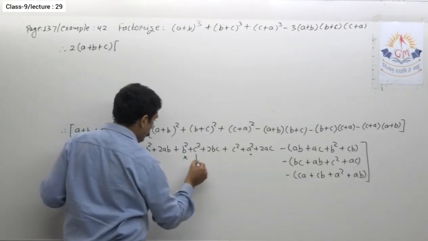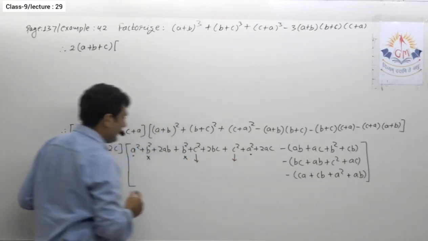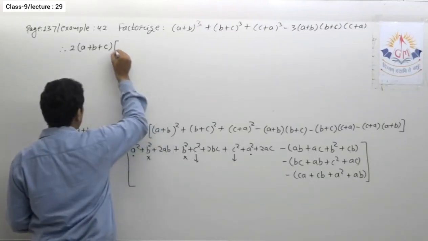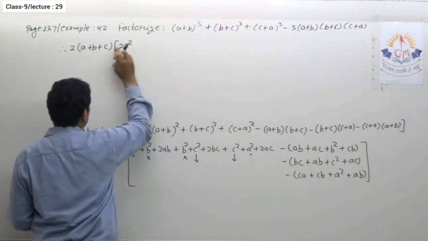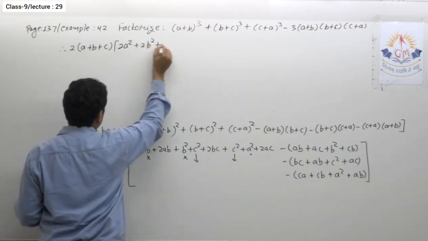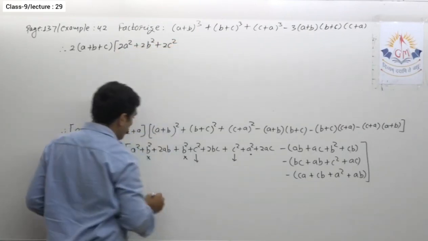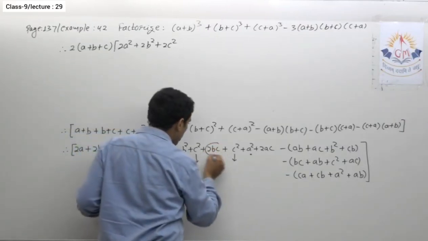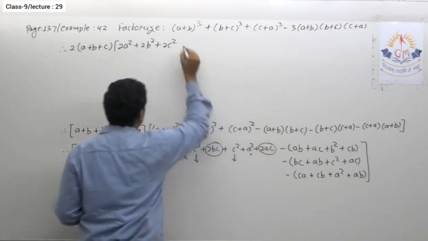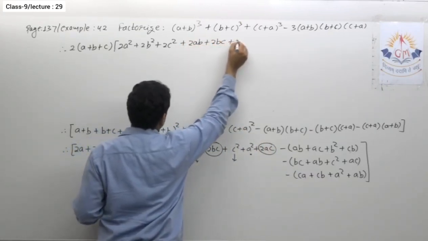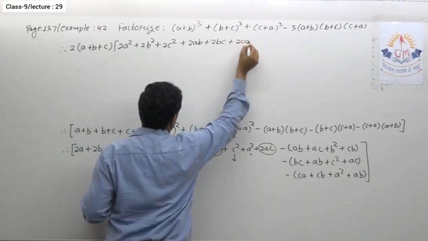Then this c square, again I have c square. So I can write 2 times a square, 2 times b square, 2 times c square, 2a square plus 2b square plus 2c square. Now this is 2ab, 2bc and 2ca. So plus 2ab plus 2bc plus 2ca.